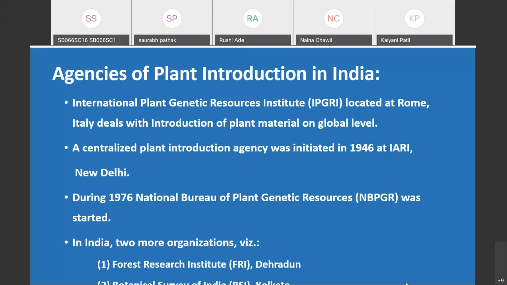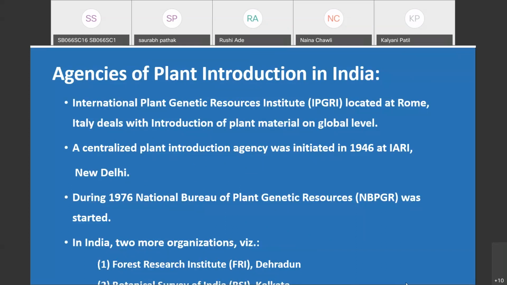Then we discussed the different agencies of plant introduction. In the past, plant introduction was carried out in an unscientific and scattered manner. But later on, agencies were established in India, like the Botanical Survey of India and the Forest Research Institute India, which is situated in Dehradun.